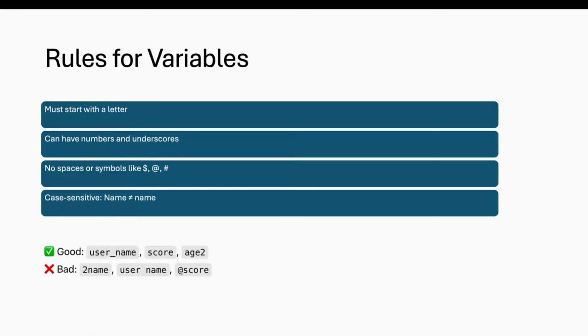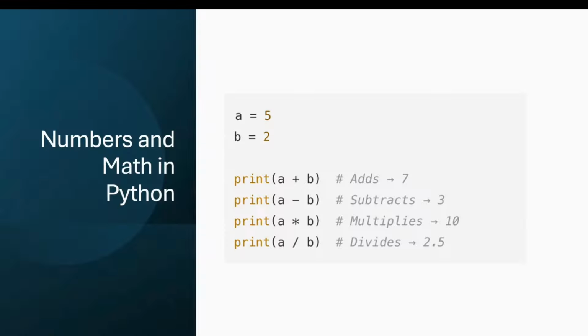Now let's understand numbers and math in Python. Like other languages, we can perform different math operations in Python, and it is very simple. In this example, I've taken two variables a and b and assigned them values.